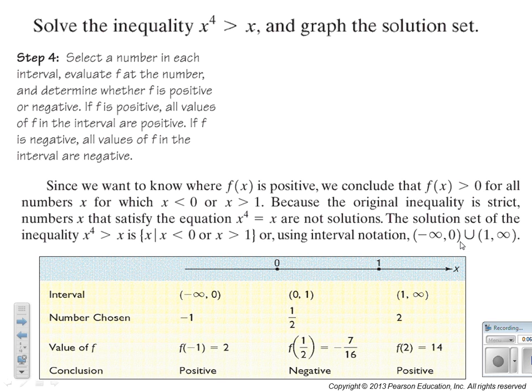Because our inequality does not equal 0, we cannot include those numbers. We have to have an open parenthesis. So the solution set is x less than 0 or x greater than 1. Interval notation says from negative infinity to 0, union with 1 to infinity.